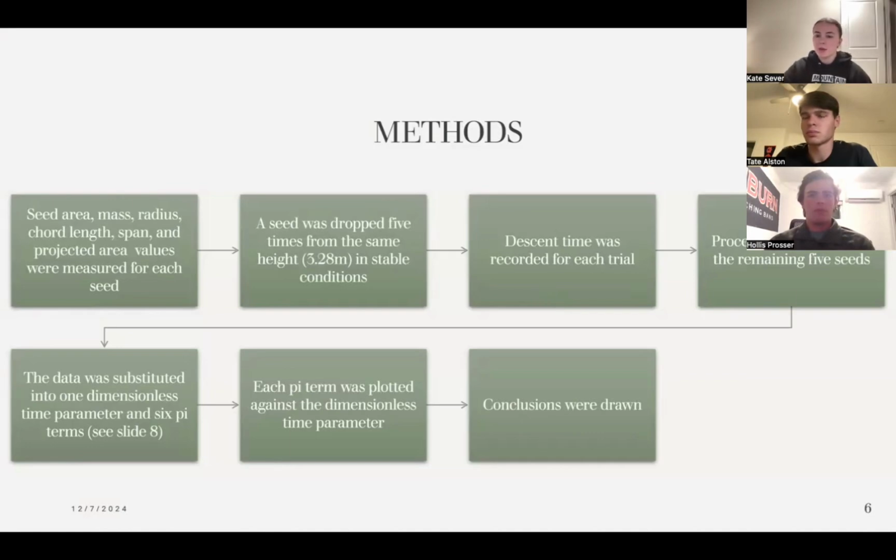After that, we repeated that process for the remaining 5 seeds, and then we were able to substitute all of that data into our 6 pi terms, which I'll talk about next, and our one dimensionless time parameter. Then we plotted each pi term against that dimensionless time parameter to conclude which variables actually affected the descent time of the seed.